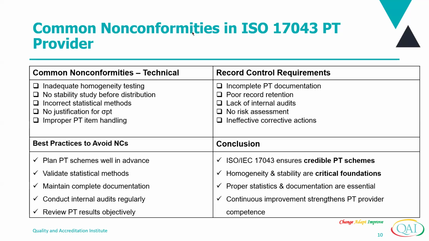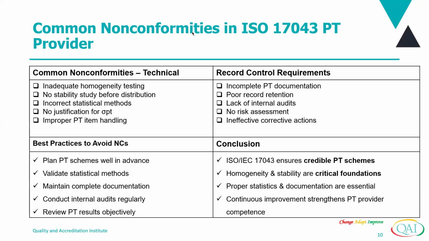Sometimes they start the PT schemes and in between, or they complete the stability before receiving the final results from the participants. So in such cases, we have to take care to avoid it. Better to take care in this part to avoid such errors.